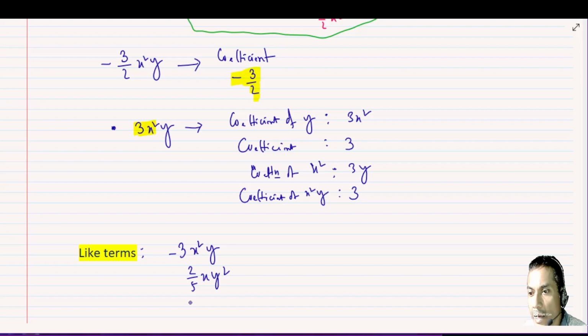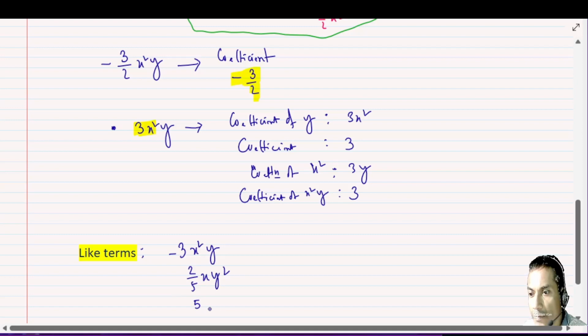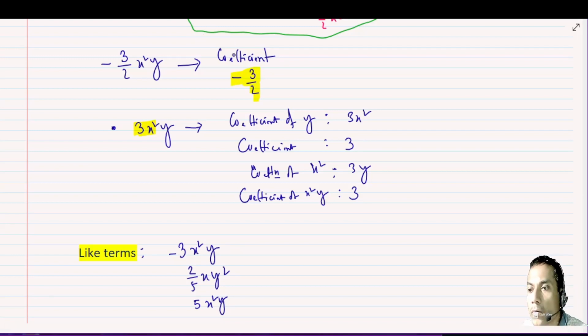Okay, and another example is 5x square y. So what are like terms? Like terms are found when the variables are the same with the same power.